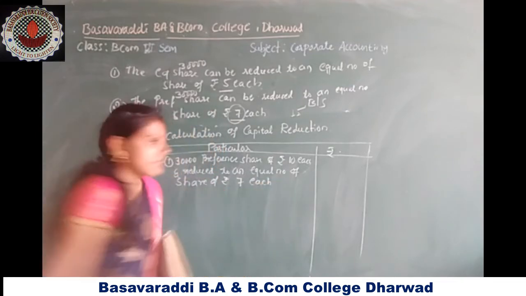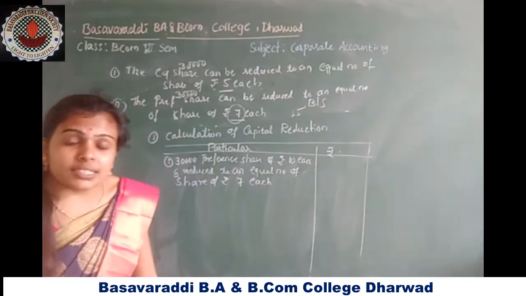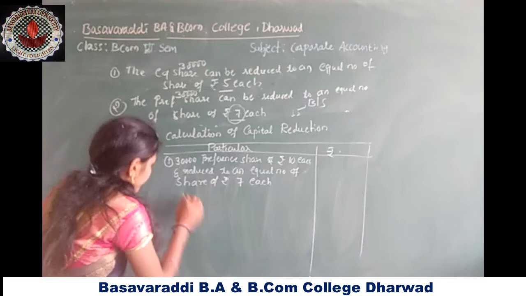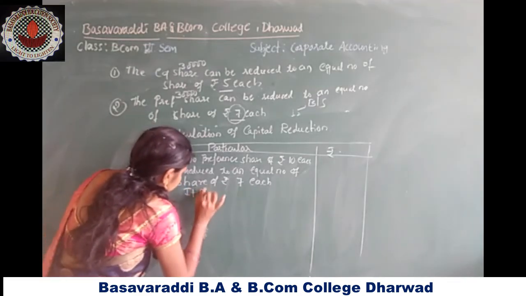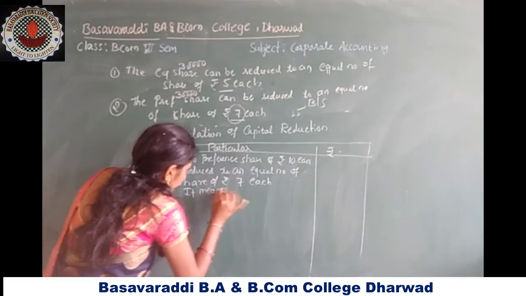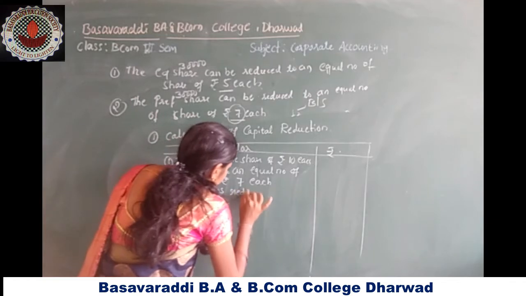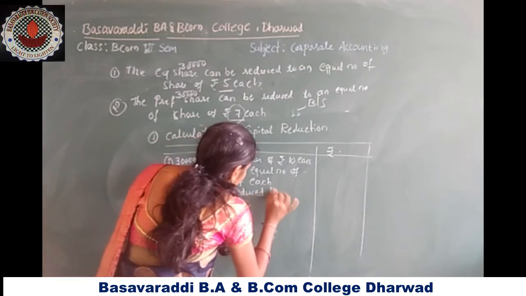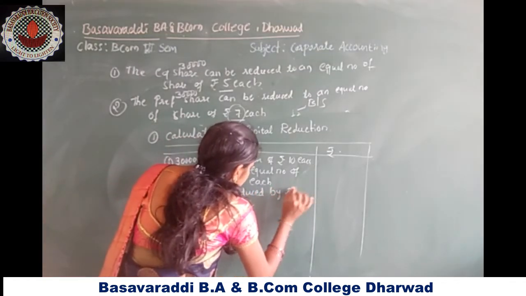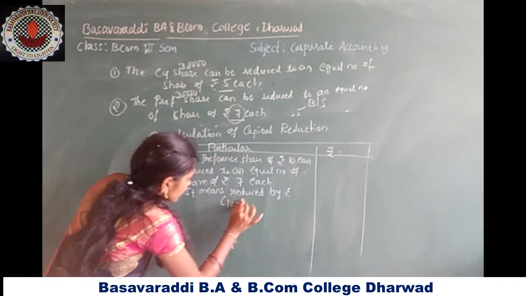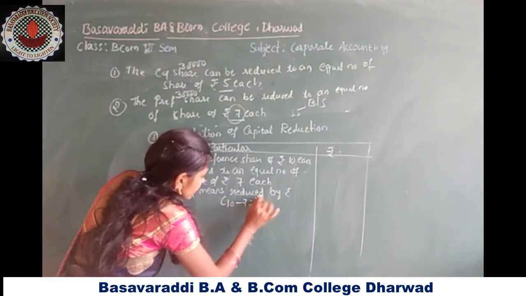It means reduced by rupees 10 minus 7 is equal to 3.